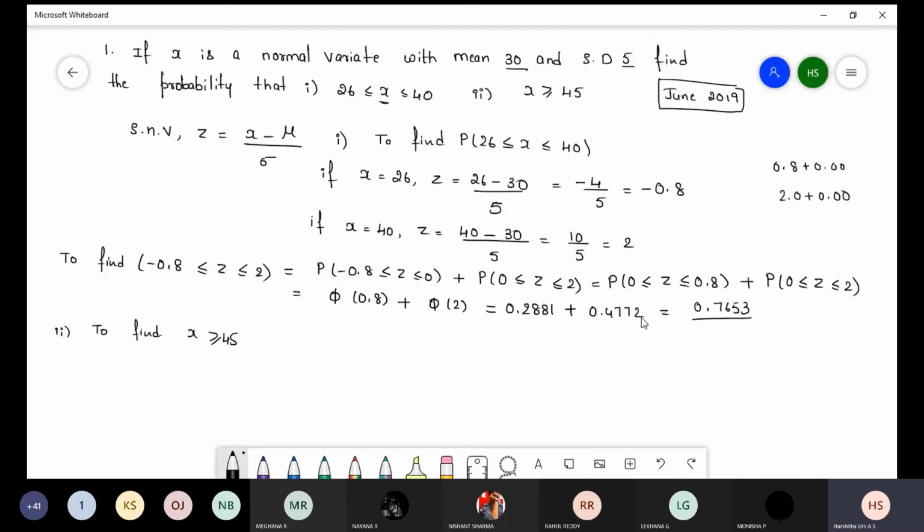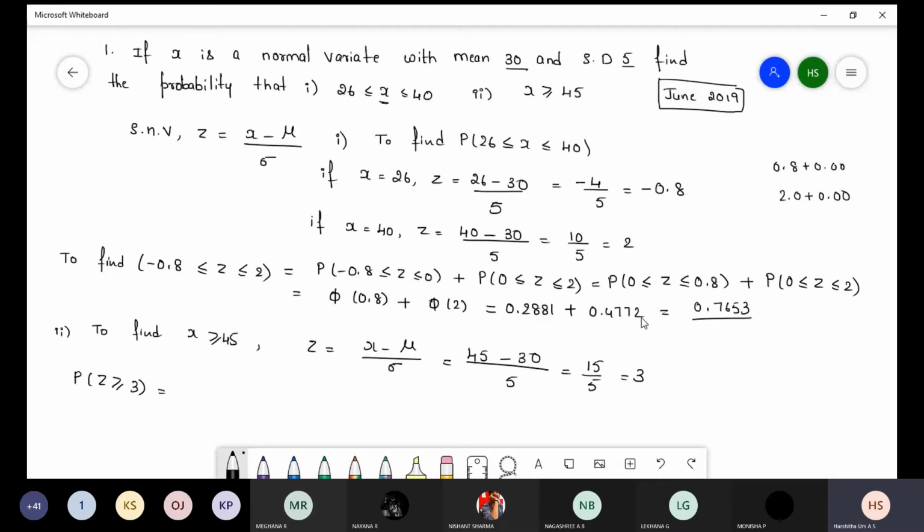Next, X greater than or equal to 45. So here also Z is equal to X minus mu divided by sigma. X value is 45 minus 30 divided by 5. So 15 by 5 is 3. P of Z greater than or equal to 3.